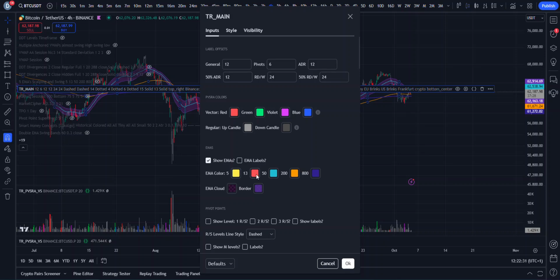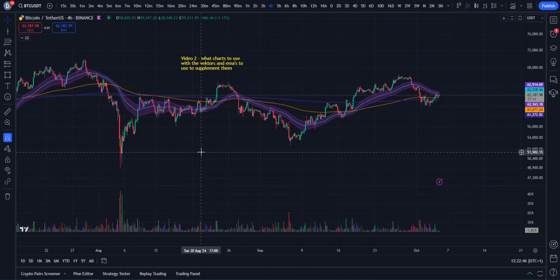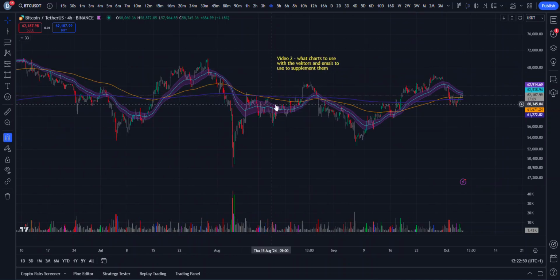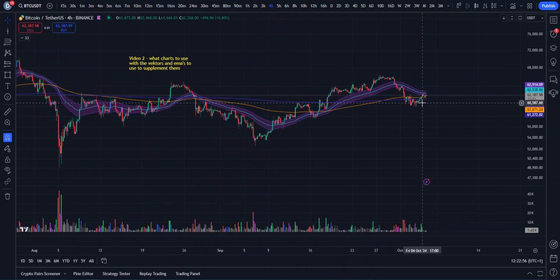They are the 5, 13, 50, 200, 800, and then the vector cloud, which is the cloud of an upper band and lower band of the 50 EMA. So just select those, put those on, and it makes your charts look like this. For this video I'll be looking at the 4 hour, 1 hour, and probably the 15-minute time frames.